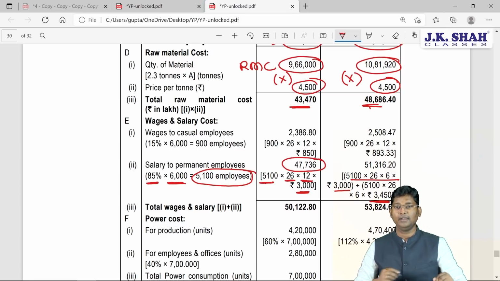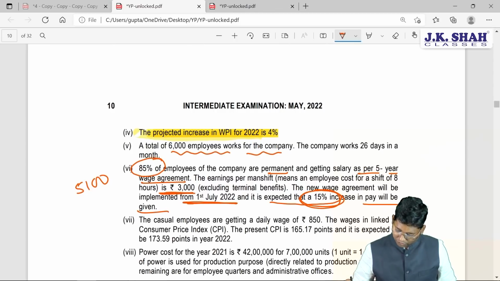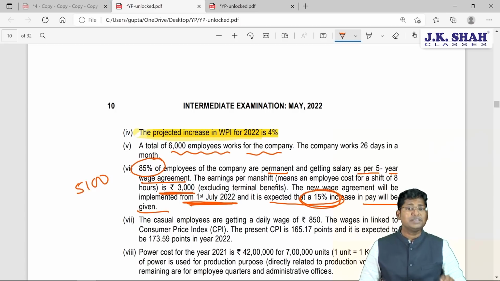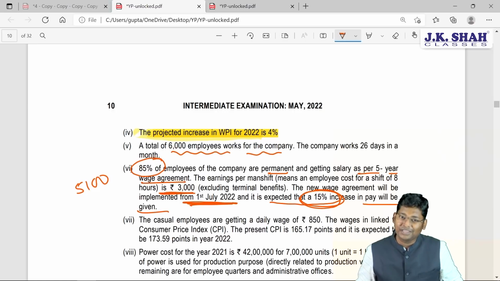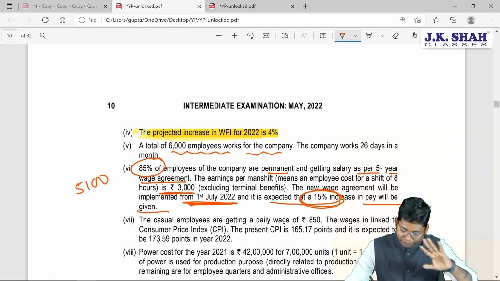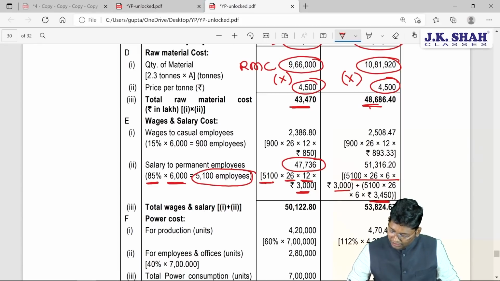Sir, how to calculate this incremental cost? See what the question says. From 1st July 2022, sir, 1st July 2022 means not from the beginning of the year. It is happening in between the year. Your financial year started from April, May, June. For first 3 months there is absolutely no change.